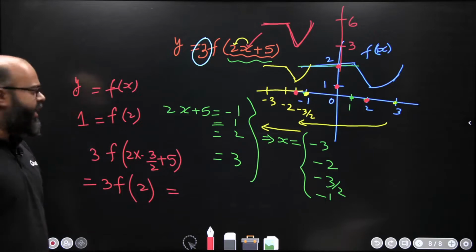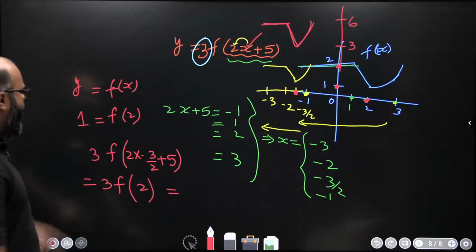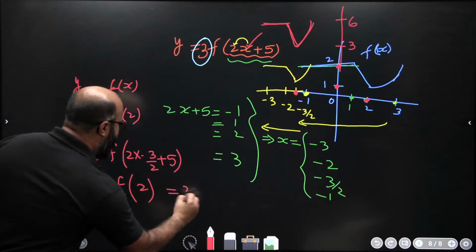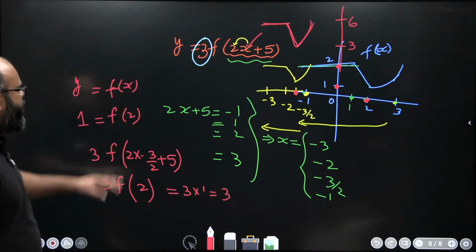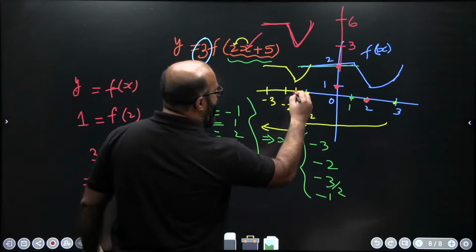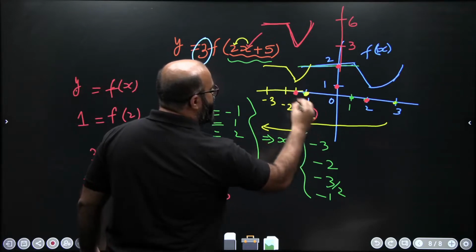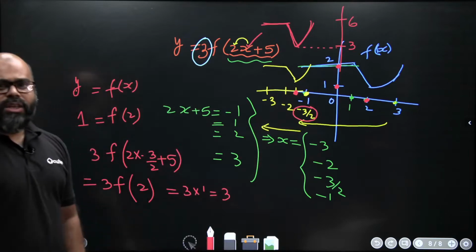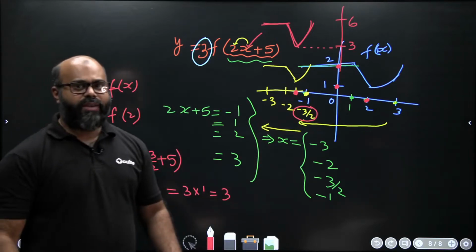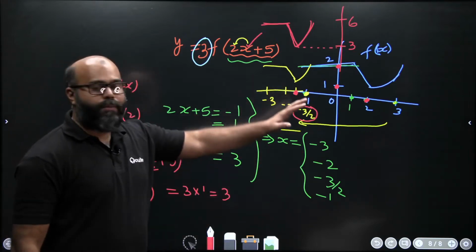This is what we are getting. Now what is f of 2? It is 1. So this will become 3 into 1, which is 3. So I am getting this value as 3. If you see here, at minus 3 by 2, we are getting 3, of course. So yes, our graph is perfectly alright. We can check for other points also.